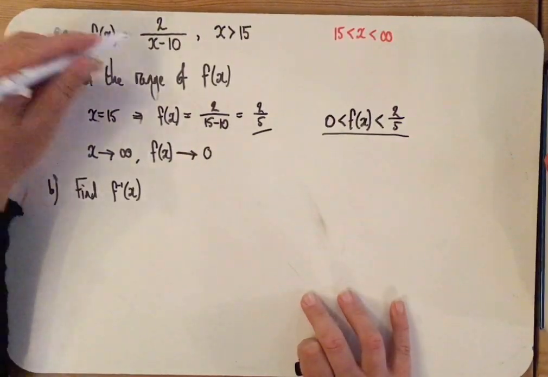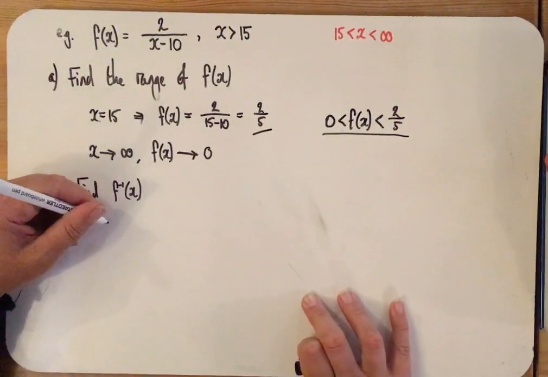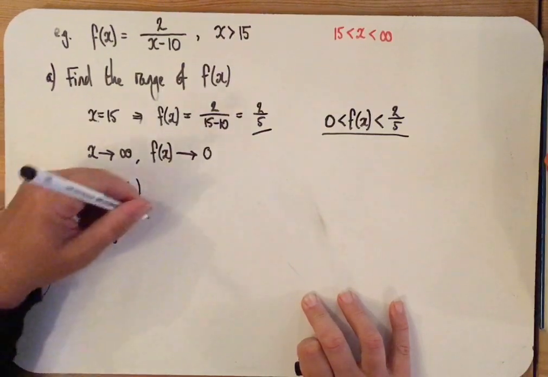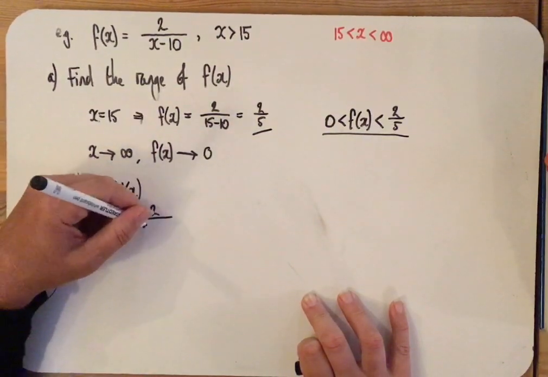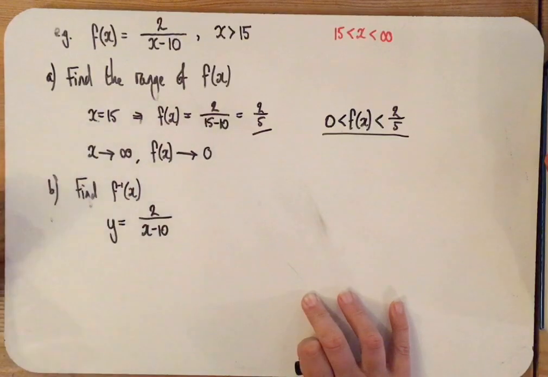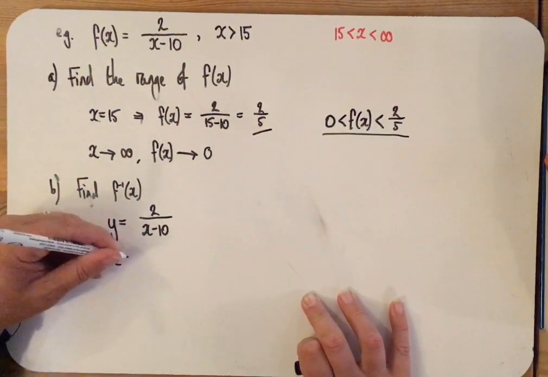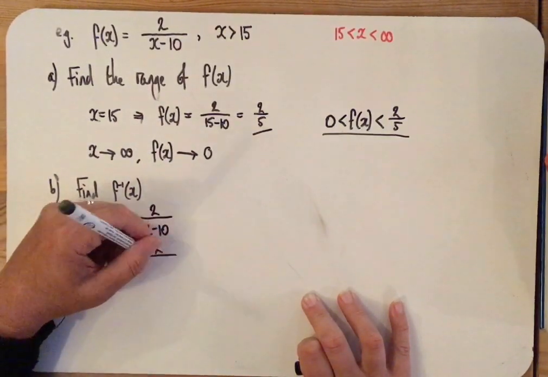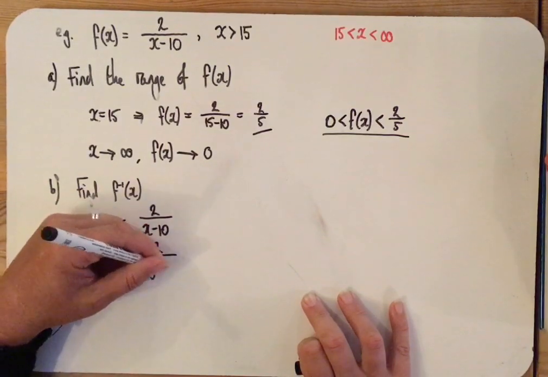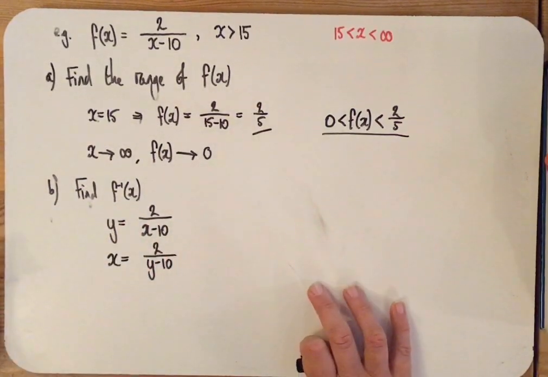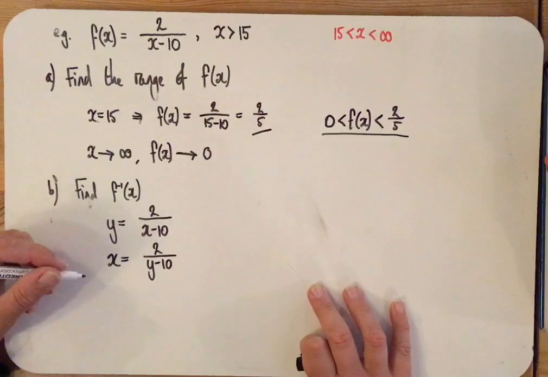Then we can look at finding the inverse. So same method as before, you swap over x's and y's. So if y is 2 over x minus 10, so we want x equals 2 over y minus 10. And then I need to rearrange this to make x the subject.